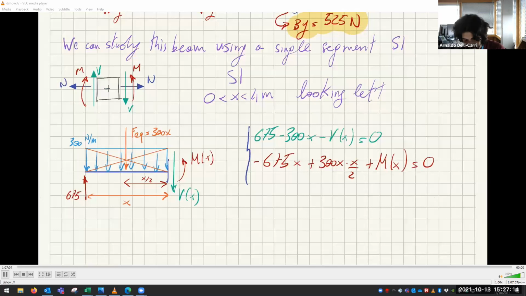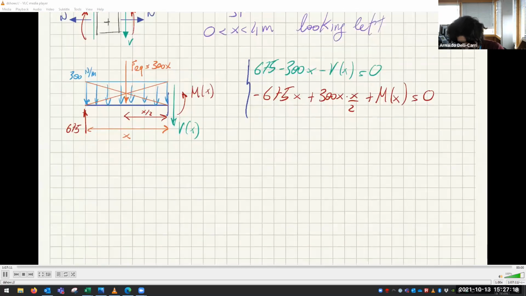And so if I rearrange the first equation, I get that V of X is minus 300X plus 675, and this is linear. This is the equation of a straight line, remember?